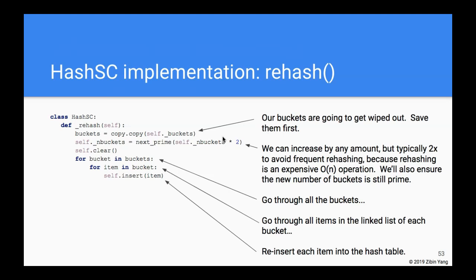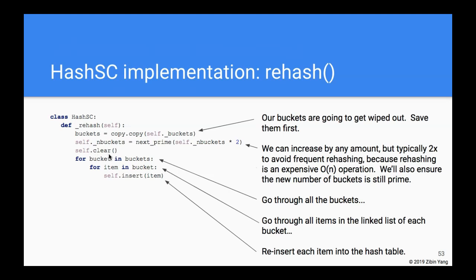So we double the number of buckets, and in order to keep it a prime number, we find the next prime number that's bigger than double the current number of buckets. Again, this is to ensure we don't resize frequently.